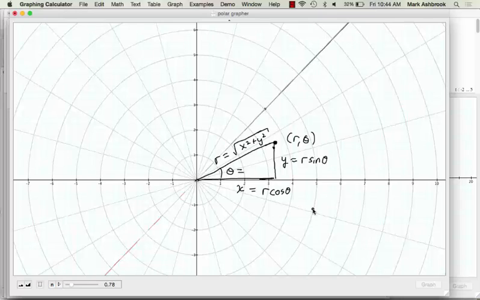Cos theta is x over r, so what about the arc cosine of x over r? Yes, those are right, but what if we just wanted it in terms of x and y? What is theta in terms of x and y?